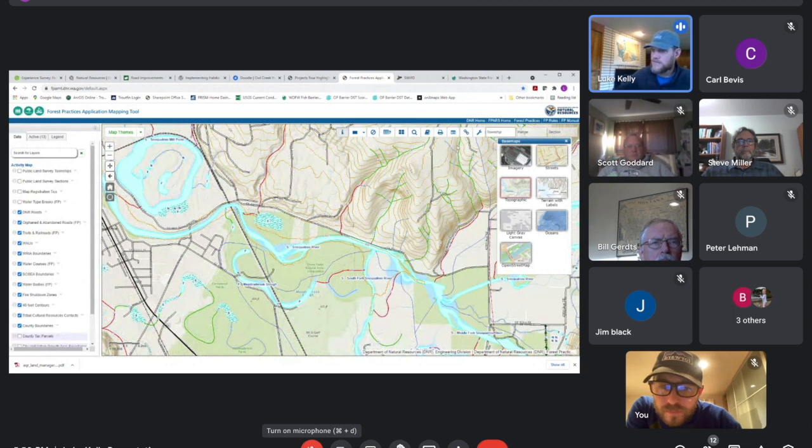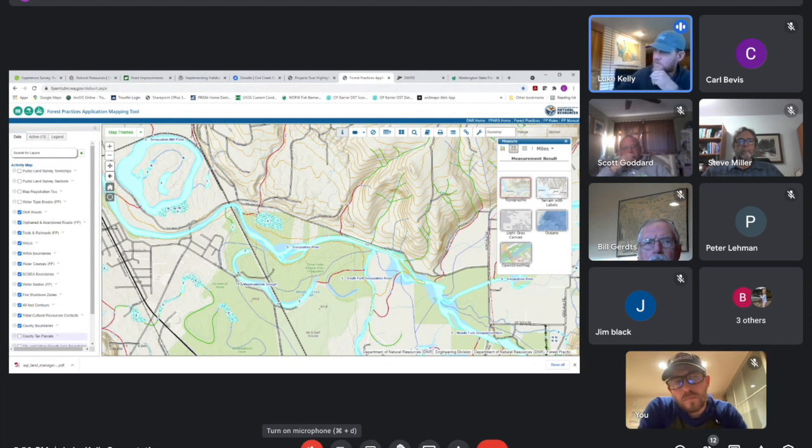I have ArcGIS, fancy software, but this little wrench, you can measure. And we can go miles, different units. But basically, you can find your culvert, and these streamlines, these NHD lines with the overlay of color, you can measure approximate fish use upstream in terms of resident and anadromous fish.